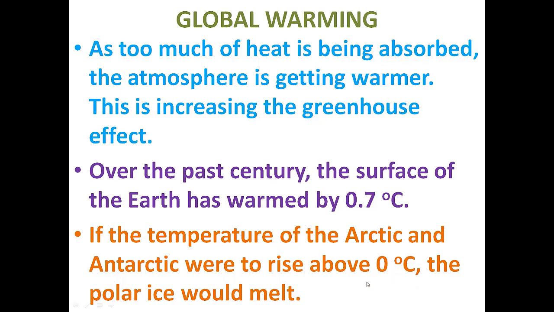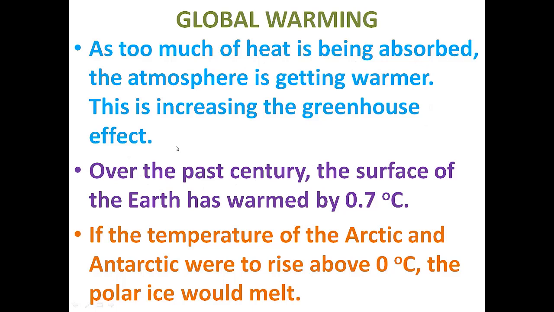What happens when the ice in the polar region starts melting? The sea level increases, causing floods in the low-lying areas. So again, the increased levels of gases due to human activity add to the greenhouse gases, and too much heat is absorbed by the atmosphere, causing global warming.